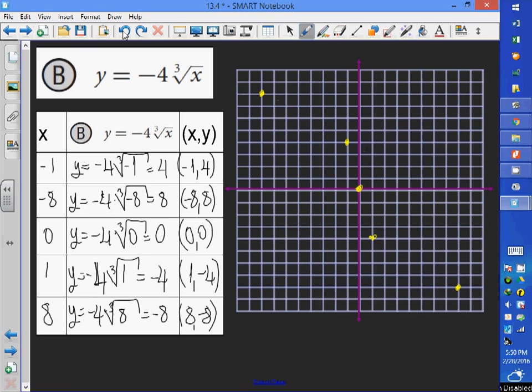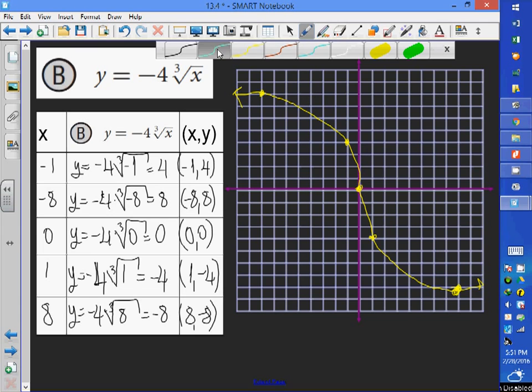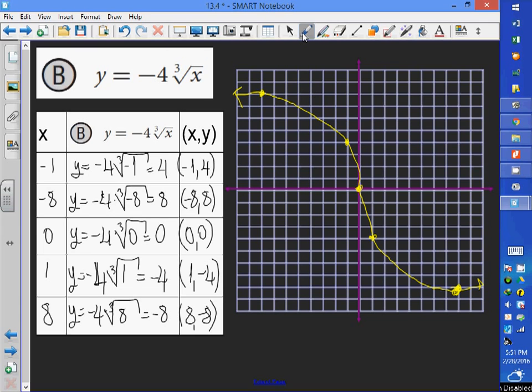Sorry, let me do it one more time. So as you see, when you compare the graph with the parent function, it has been 4 times stretched.